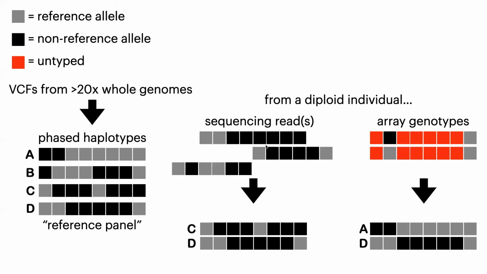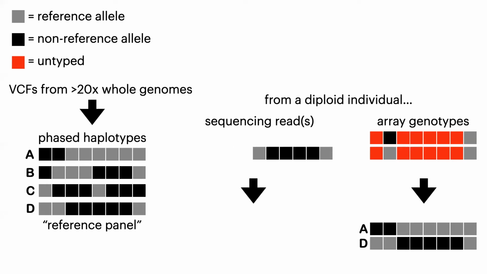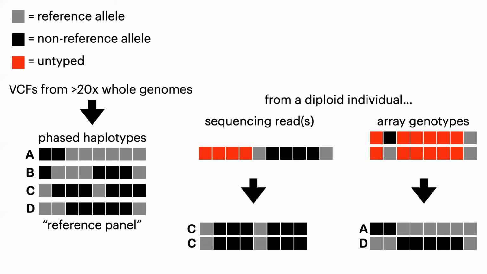So you have a little bit more information to work with there. Sometimes you'll get 2 times coverage. Sometimes you'll get 1 times coverage. Sometimes you will get only 1x coverage or no coverage, in which case it's equivalent to having untyped variants there, and your imputation might suffer as a result in particular regions. But you are capturing the whole genome, so this isn't the case everywhere.